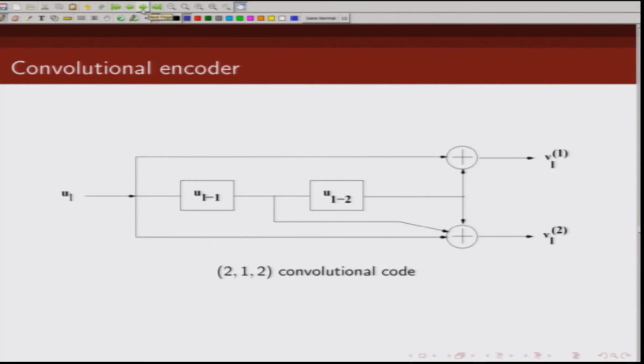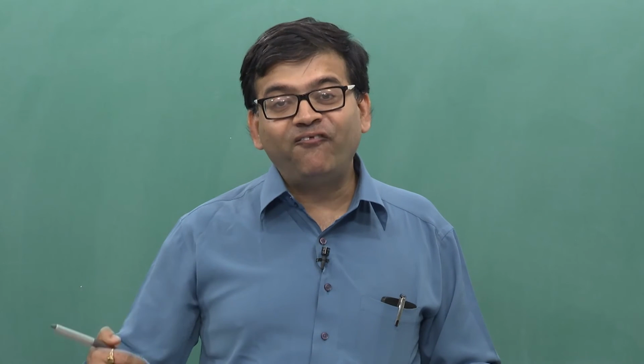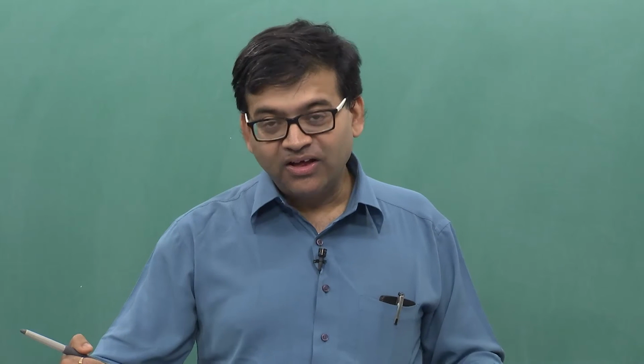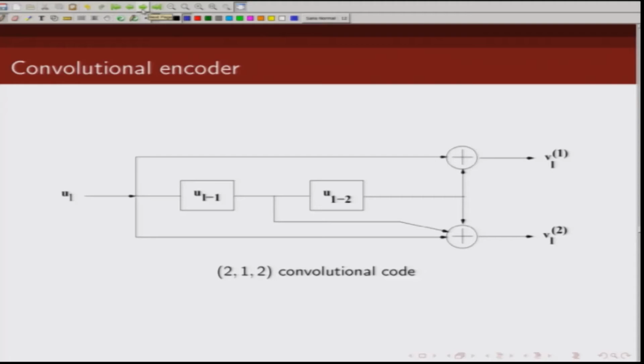Now, let us take an example to illustrate how we can find the weight enumerating function of a convolutional code. We are going to consider a rate 1/2 convolutional code whose memory is 2. This is the convolutional code.